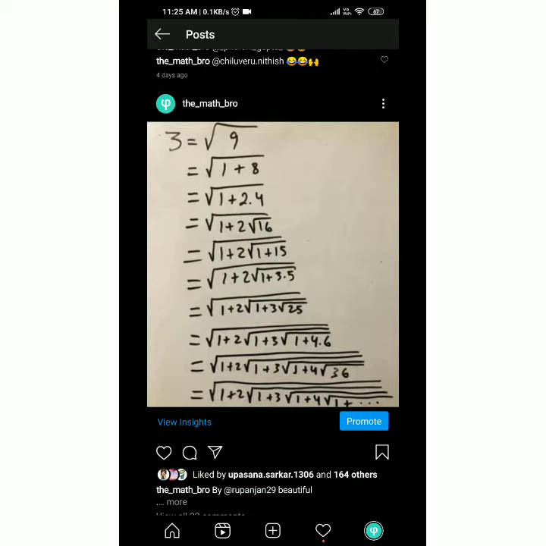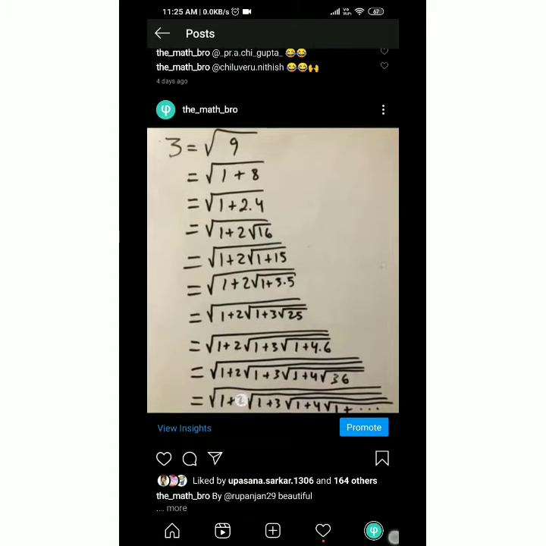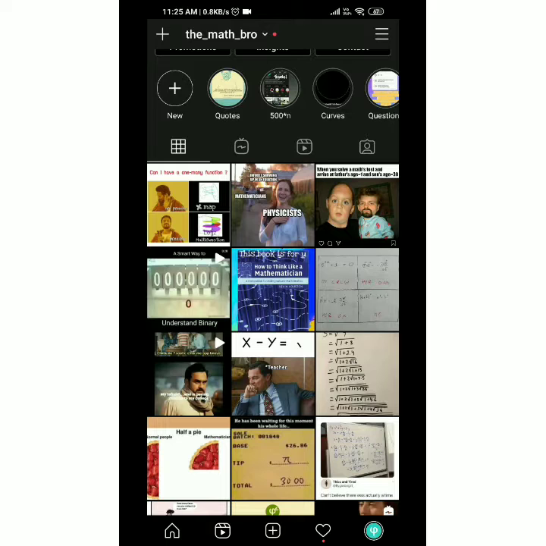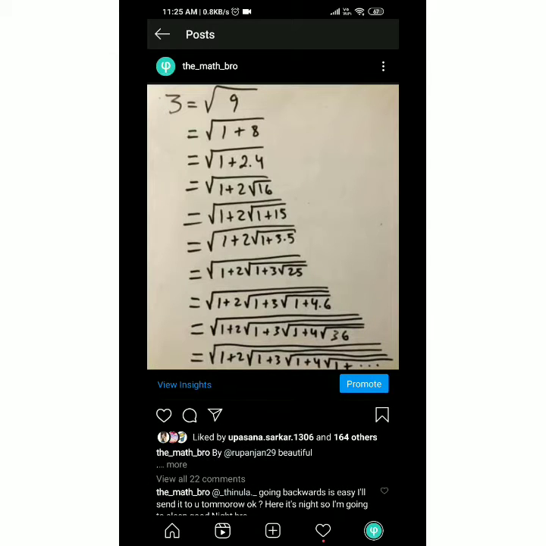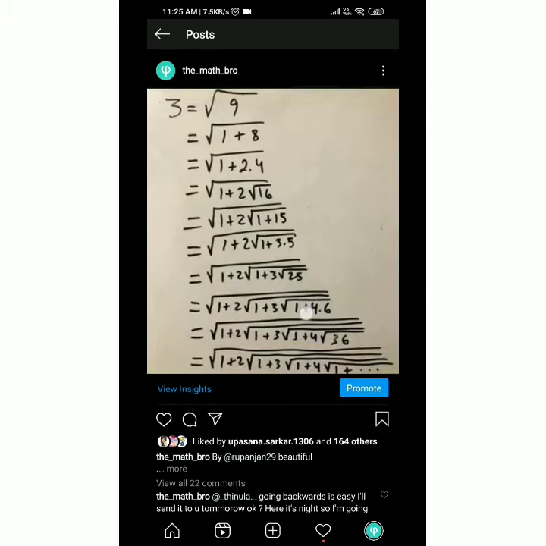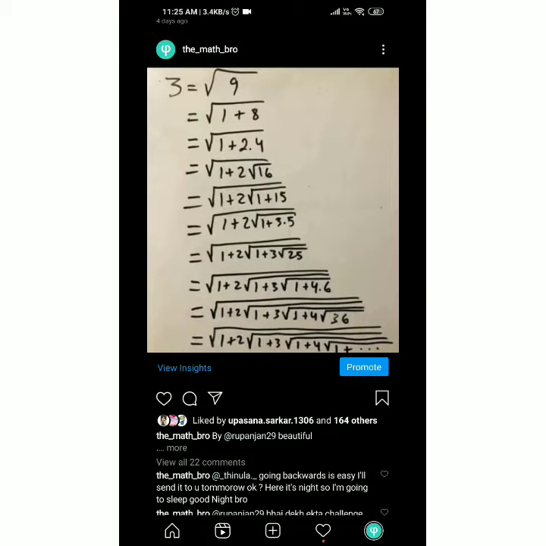Hi, I hope you have seen this infinite radical many times before, and I also posted it. 3 equals this infinite radical. Yes, 3 equals this infinite radical, and this job is done by Srinivasa Ramanujan.